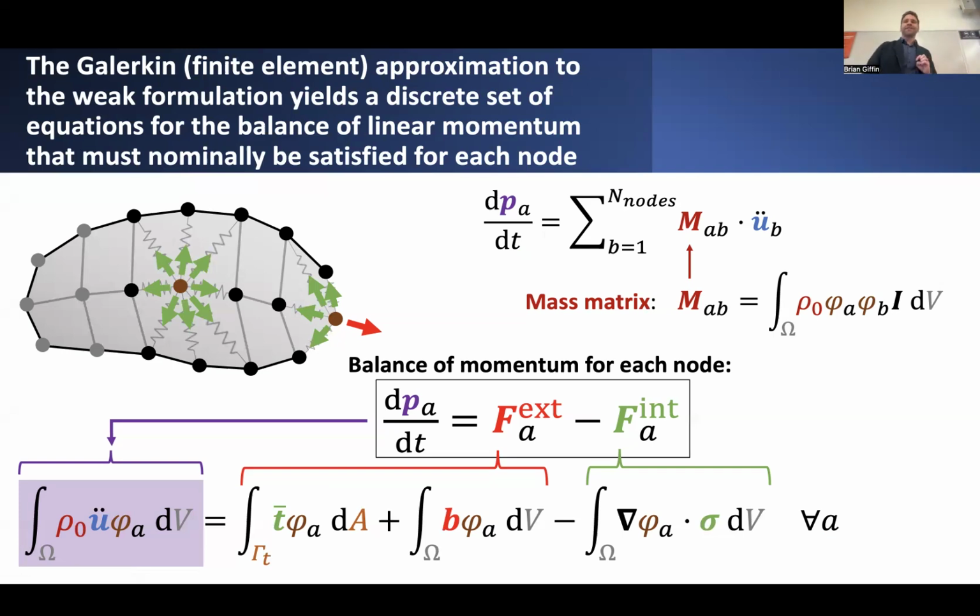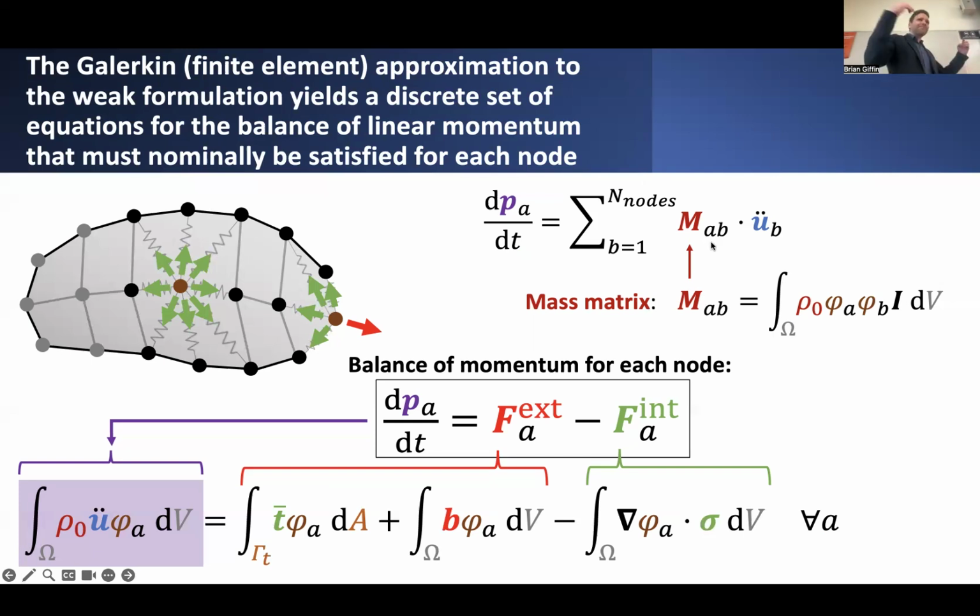So we now have an expression that says that the time rate of change of momentum is equal to mass times acceleration. But this mass is not necessarily just a single scalar quantity. It is itself, as I mentioned, a matrix. And same thing, these accelerations are also individually vectors.